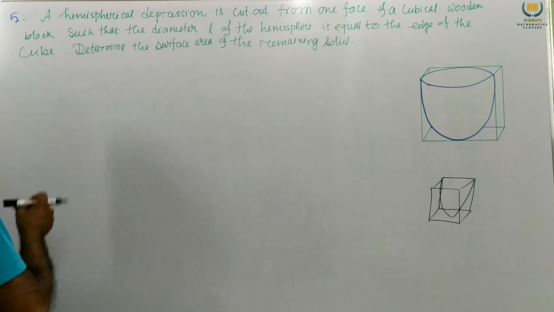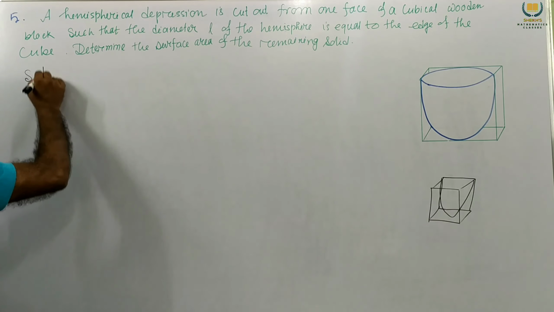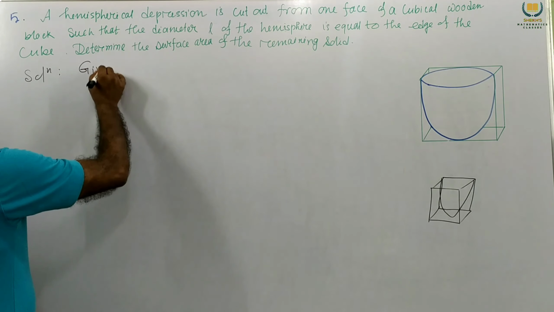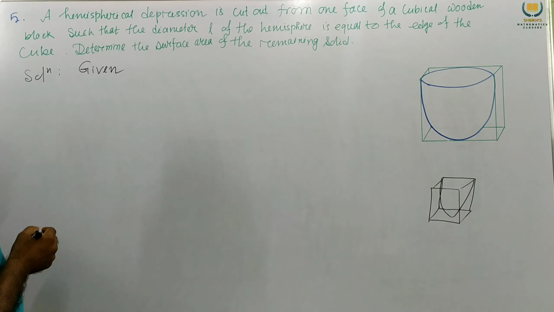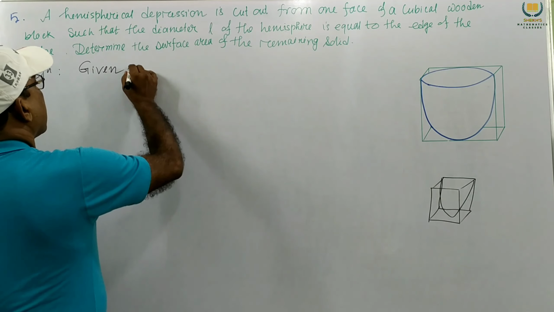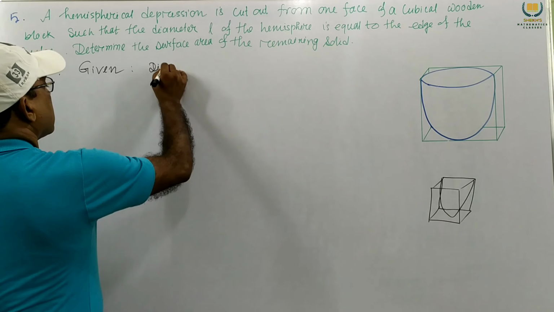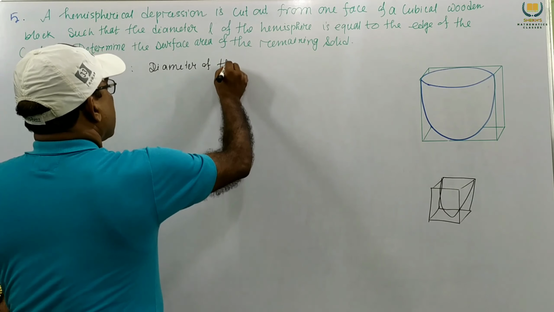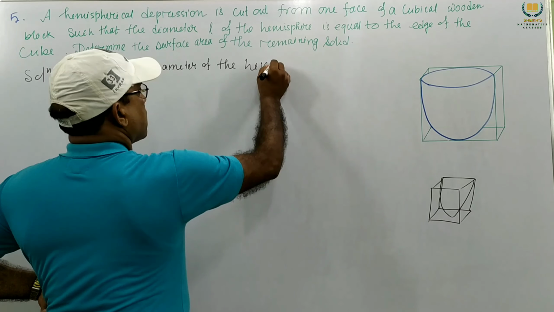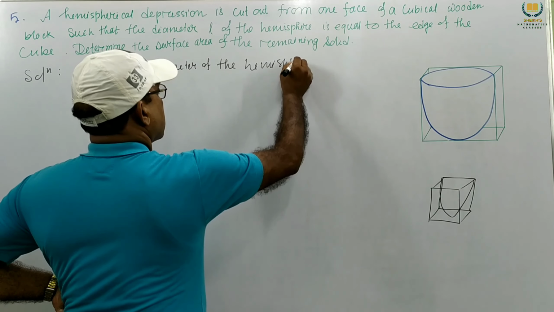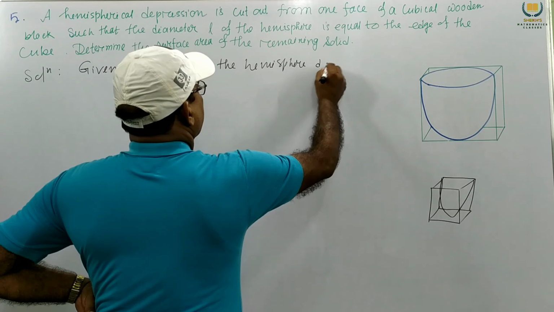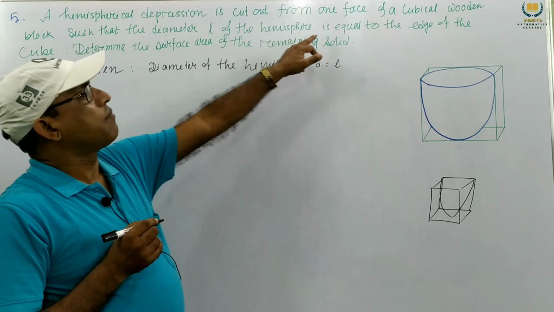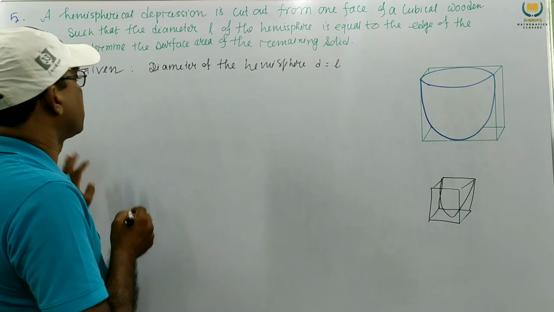Now the solution starts. Given: the diameter of the hemisphere D equals L, such that the diameter L of the hemisphere is equal to the side of the cube.